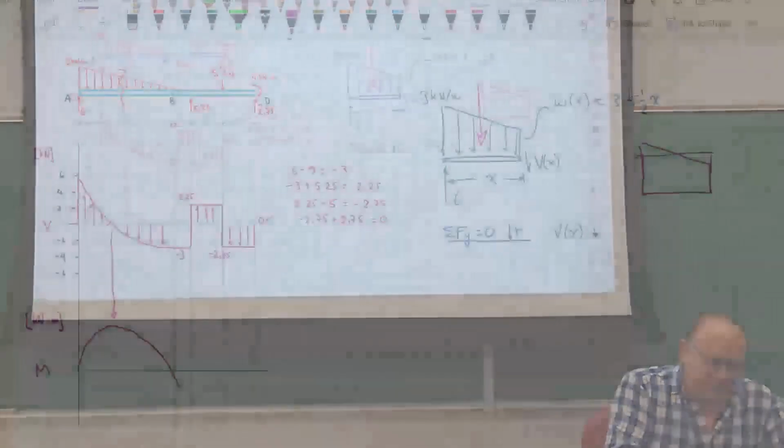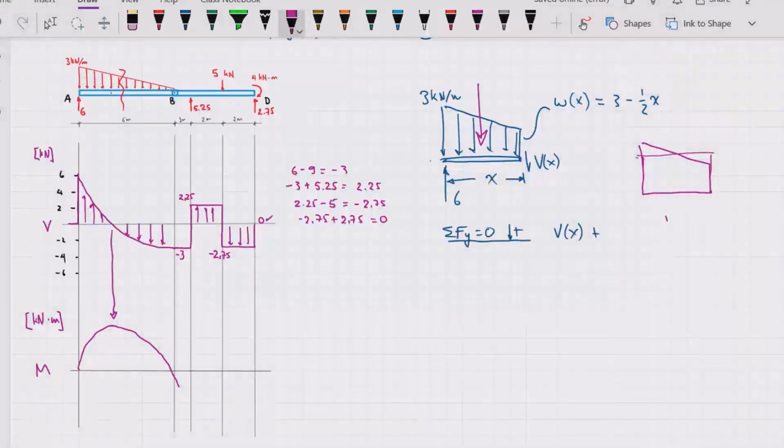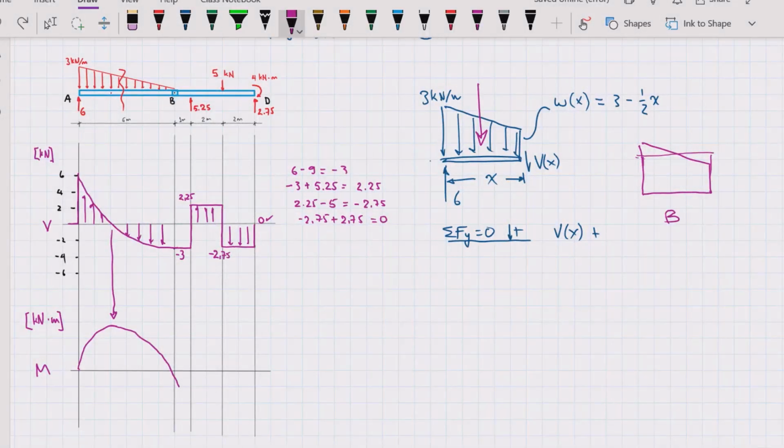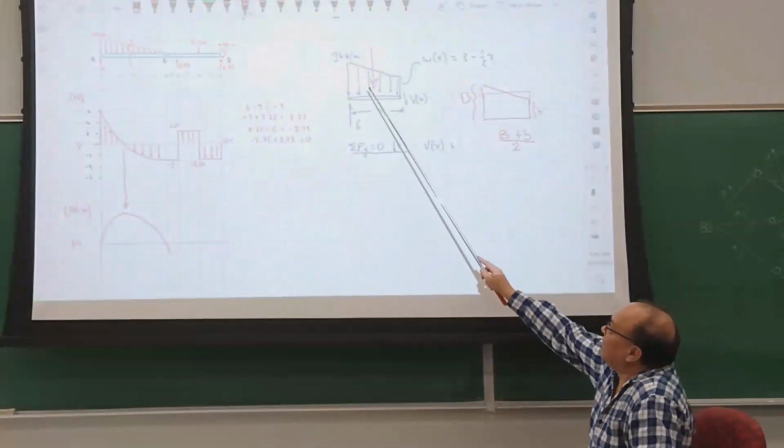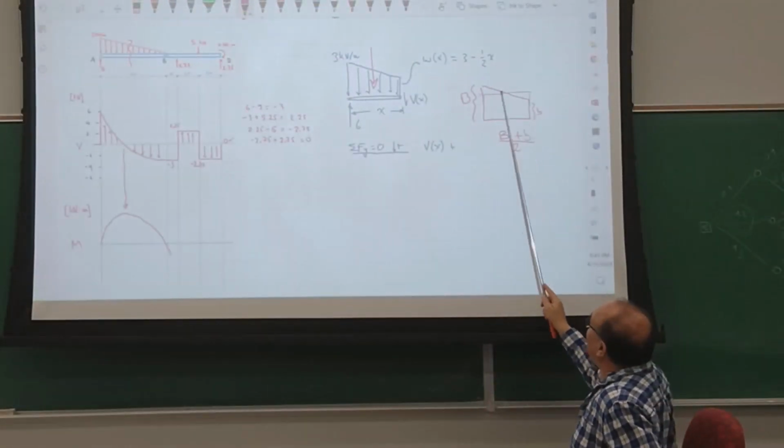So the area is, let's say, the big B and little b. The average is B plus little b over 2. That's the average height of the trapezoid.